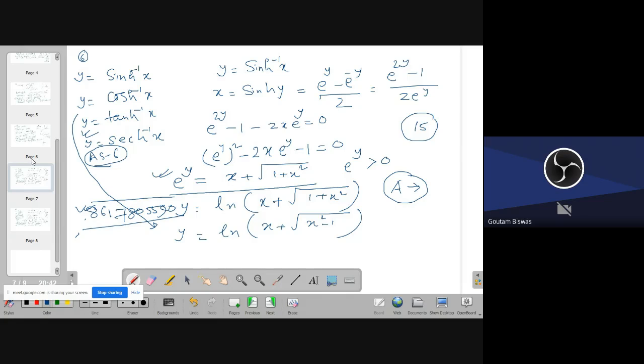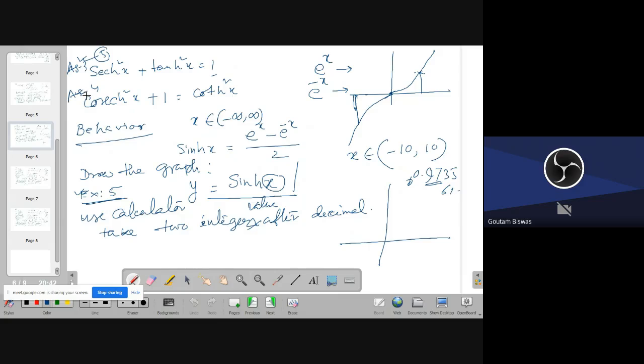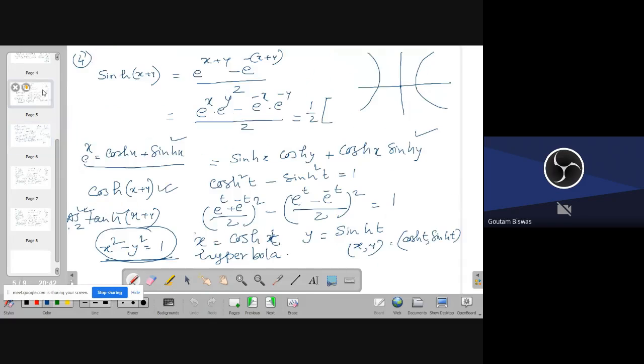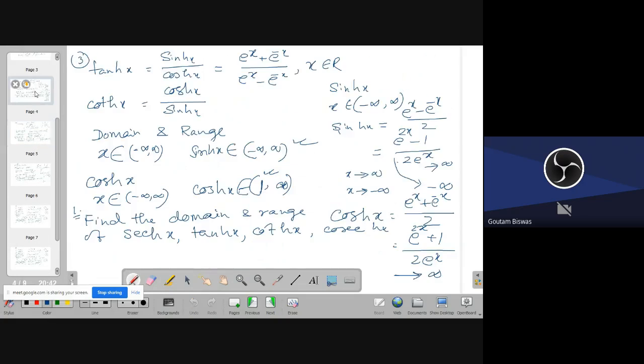Assignment 6 is there. Then assignment 5. This is the 5. 3, 4, and 5 are here. Okay. Then assignment 4. One assignment is there, 2: tanh(x+y) and cosh(x+y). Then here this is 3: find the domain and range of sech x.